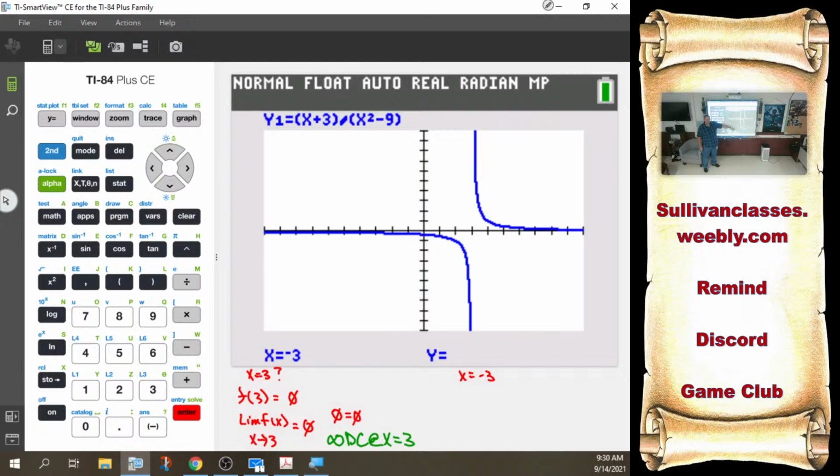I said the calculator will not show holes. If I were to zoom in on that point over and over and over, I'd have to make that window really tiny to finally see just a tiny bit of a gap in the line. Okay, so function of negative 3. Does it exist? No. Limit of my function as x approaches negative 3.